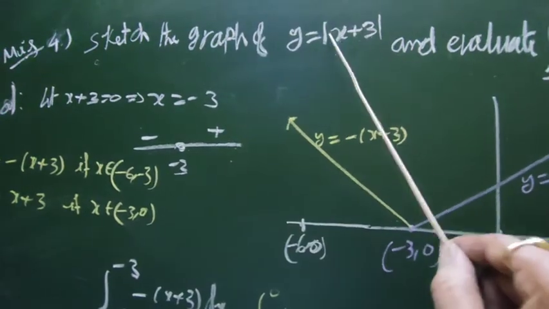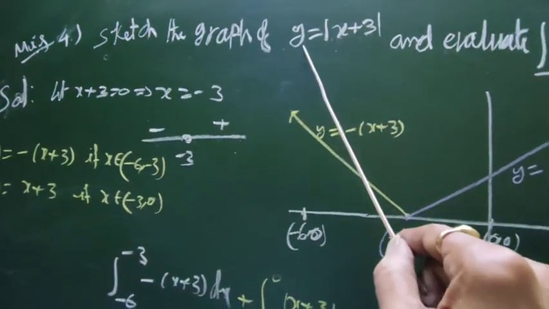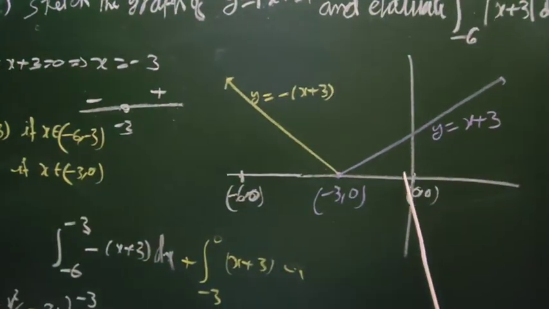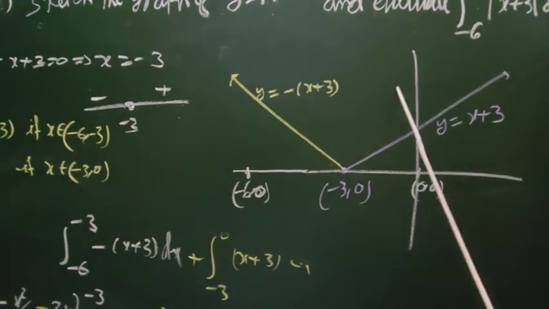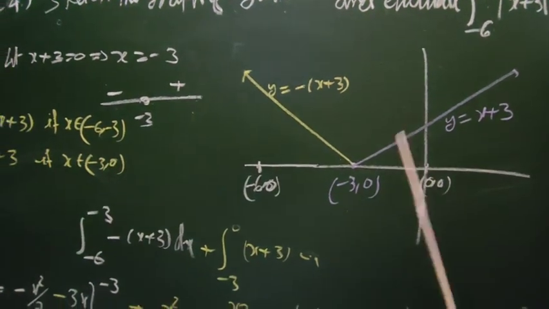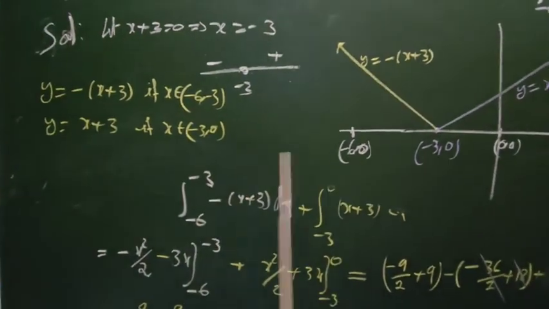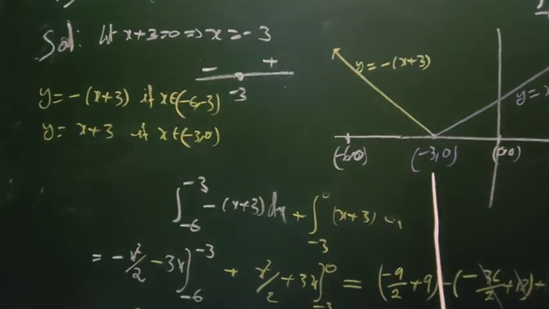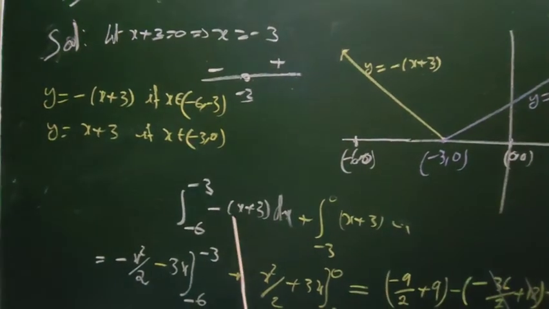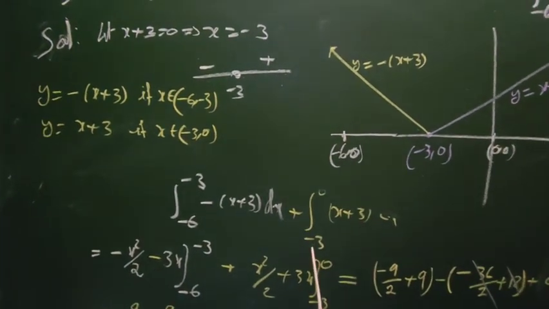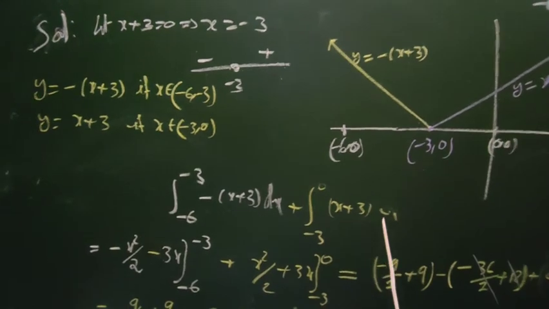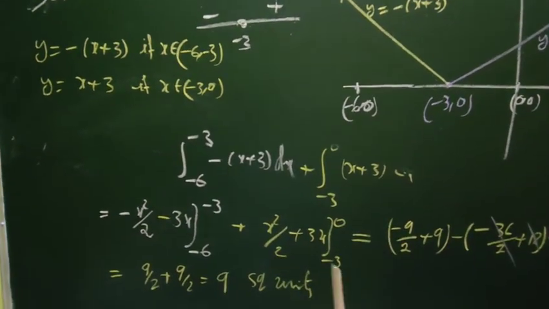Y is the modulus of some value, so y is always positive. So any point is in the upper side. Now this definite integration is from minus 6 to minus 3 of minus of x plus 3, plus from minus 3 to 0 of x plus 3 dx. Now find the integration.